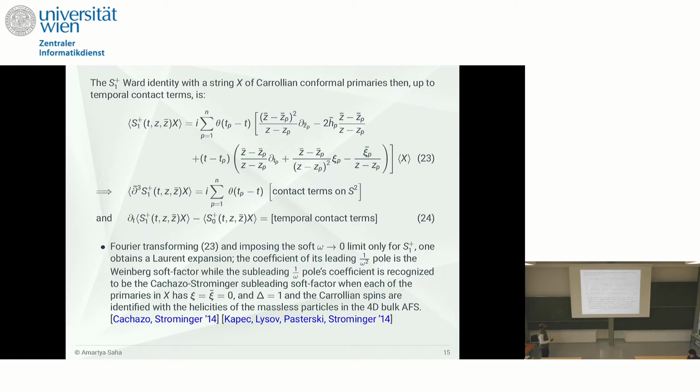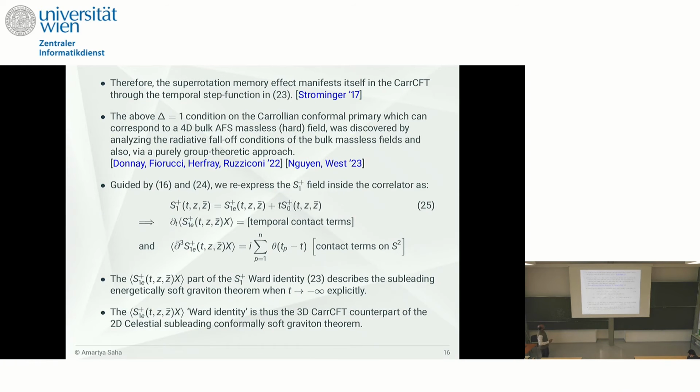Now this delta equal to 1 condition has been derived in the literature in several ways. One way is to analyze the radiative fall-off condition of the bulk massless fields. This was done in the first reference, and the second, most recent one is a purely group theoretic approach taken in this reference.